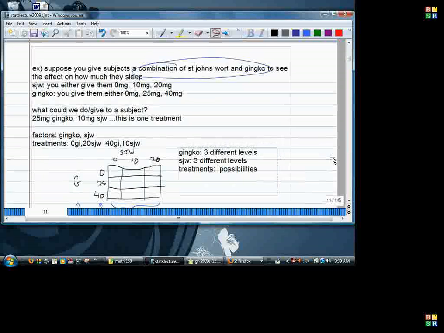Yeah, 3 times 3. You see that based on the picture now? Okay. Right. Every possible combination represents a treatment, and if you draw it in using this box, it's very clear that the number of combinations is 3 times 3. 3 for the ginkgo, 3 for the St. John's wort. 3 times 3. Every box represents a treatment. So there you go.